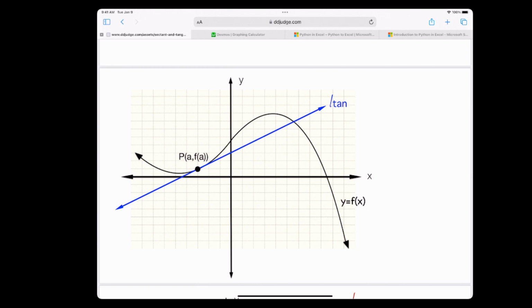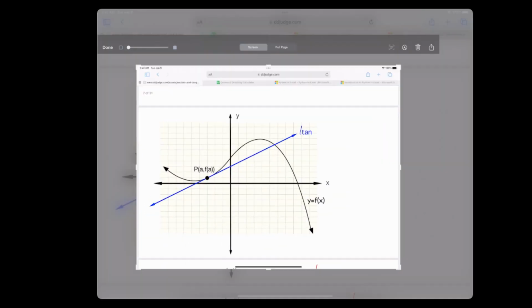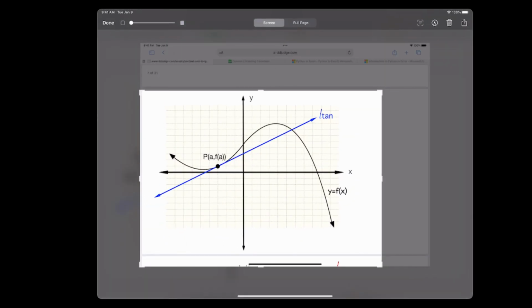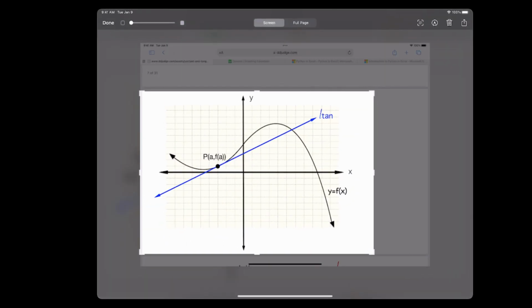Now, you see that blue line? Okay, what kind of equation is that, by the way? Let me see if I can bring this in our note. Okay, let's try to do that here.